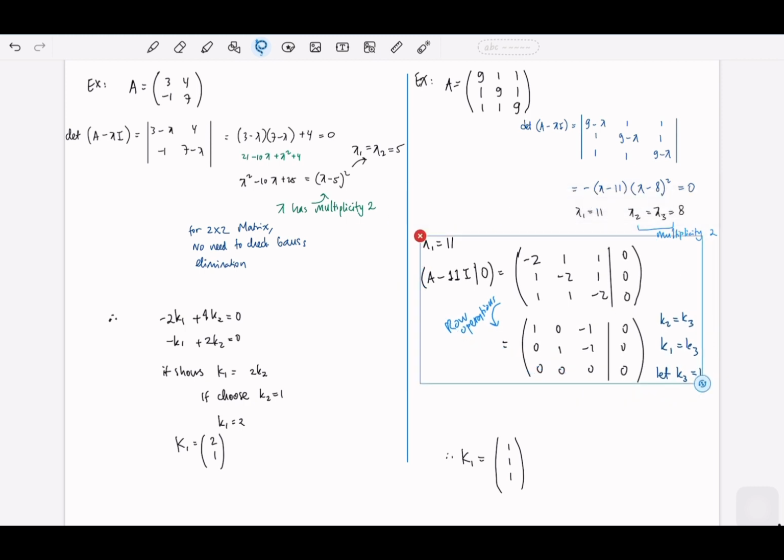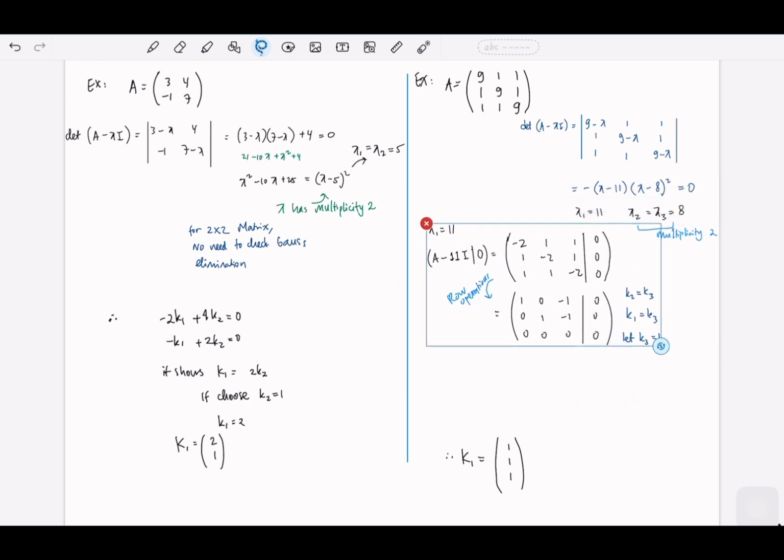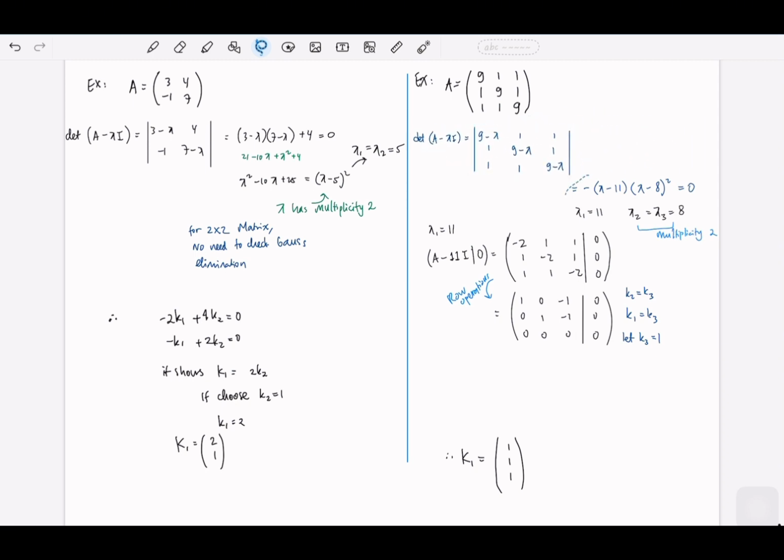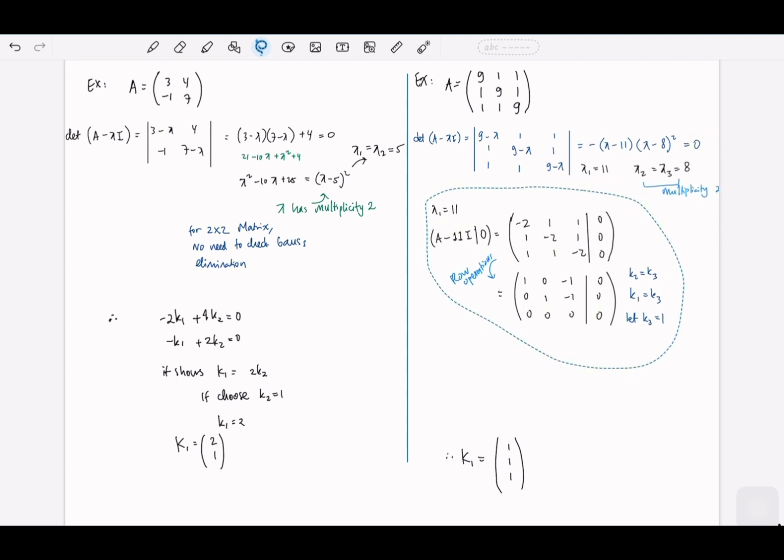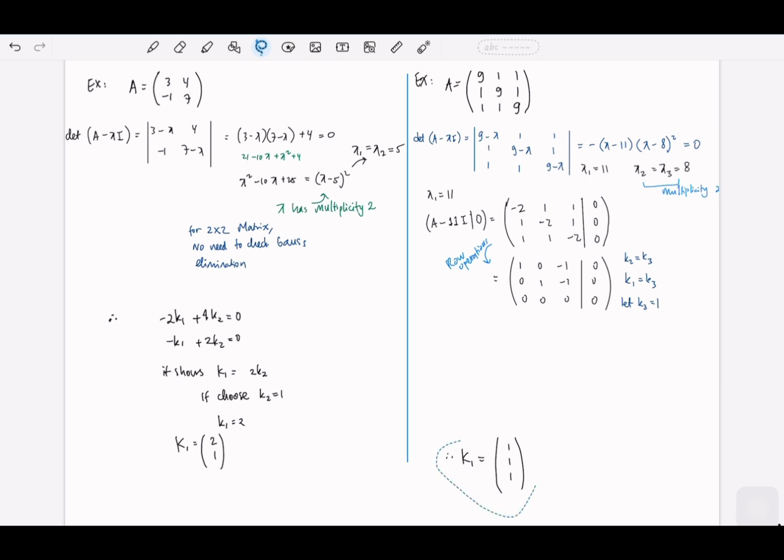Let me resize a little bit. Maybe I will put this here, and this is around here, so I can move this up there. Okay, resize a little bit.